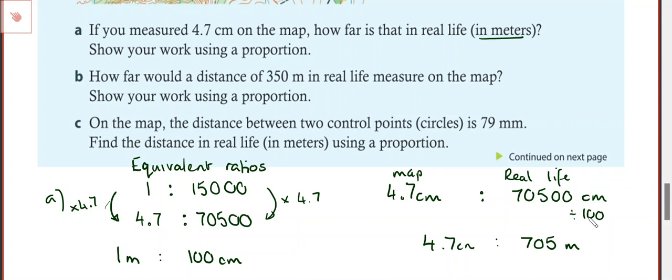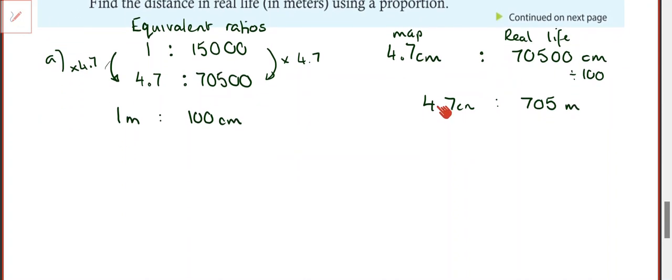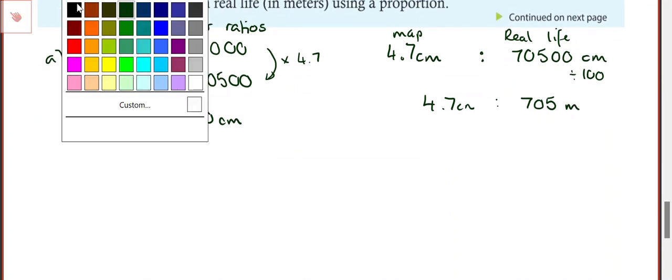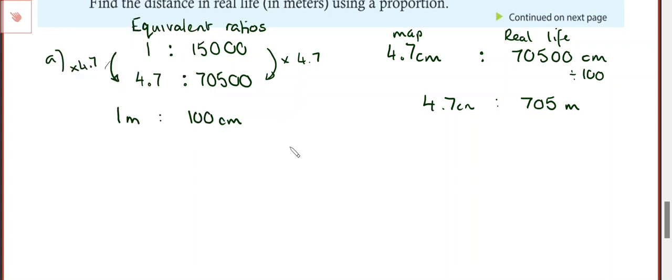You divide it to times it. Okay, so for instance, if you did the same problem, yeah? If you did part A, but what you did was right, well, it's 1 to 15,000, and you measured it as 47 millimeters. What would you do here? So this would be times by 47.